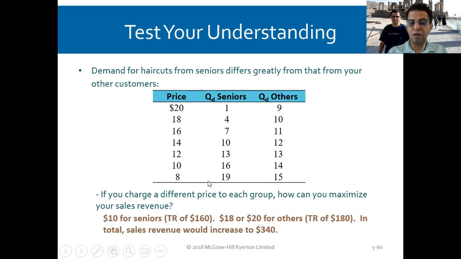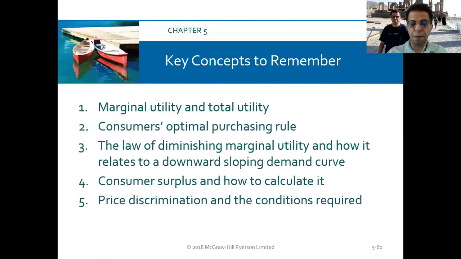If you go to $8, you get less than $160, so you pick $10 for the seniors. For the others, at $18 or $20 your total revenue is $180. You add them together and you get $340. Any other combination will not generate $340. And that's how you do price discrimination.